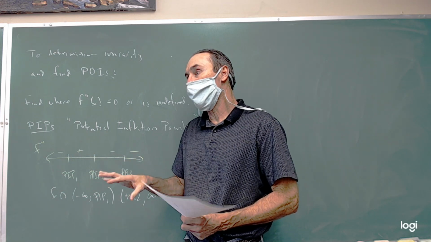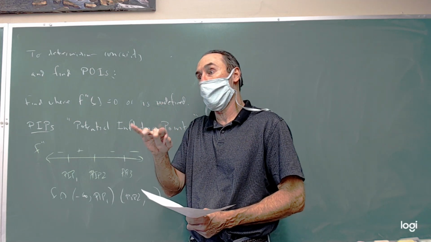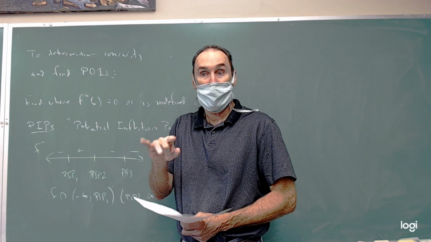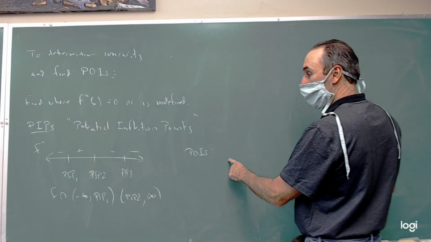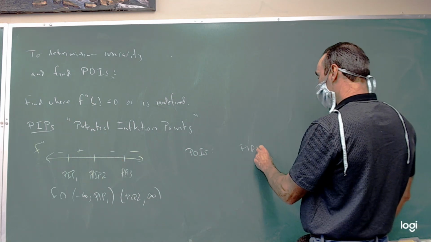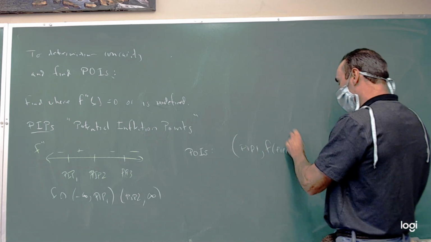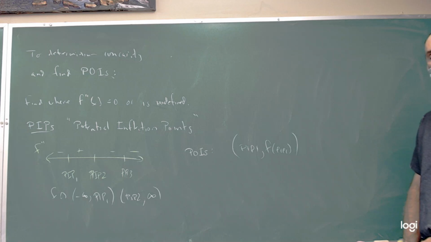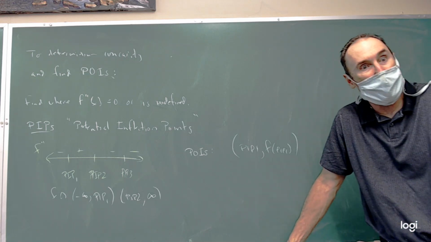So different than relative min and relative max, where whether it changed from positive to negative or negative to positive makes a big difference. In the case of an inflection point, it doesn't. So we'll have a point of inflection at whatever that pip number 1 was, and f of pip 1 is going to be an inflection point. Why? Because the second derivative changes sign.